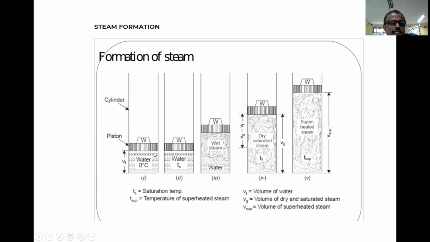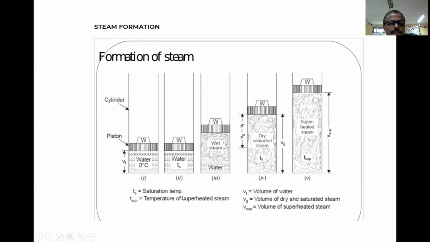So the notations used here are VF, which stands for volume of water. F stands for fluid. Fluid is liquid and gas, but in steam terminology, we refer to VF as the volume of liquid. Then here there is TS. You have not come across this TS earlier. TS stands for saturation temperature, which is nothing but the boiling point of water.